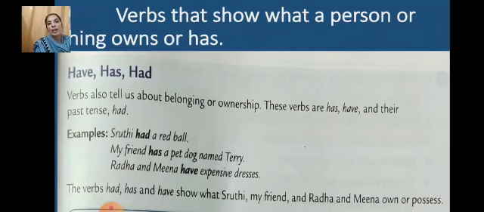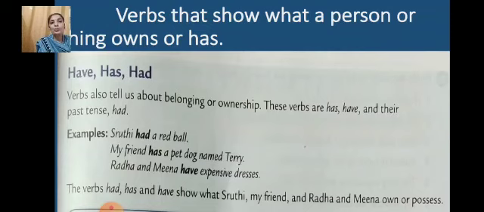Examples: Shruti had a red ball. My friend has a pet dog named Terry. Radha and Meena have expensive dresses. Now you can see has, have, had. These are the verbs. But here also these verbs are not at all used to tell you the main action, or you can say they are not telling you the state of being.